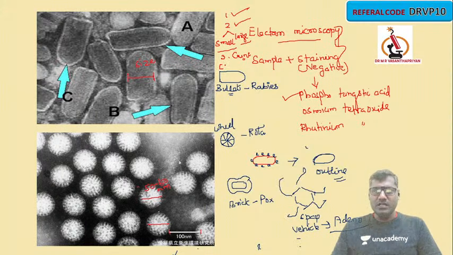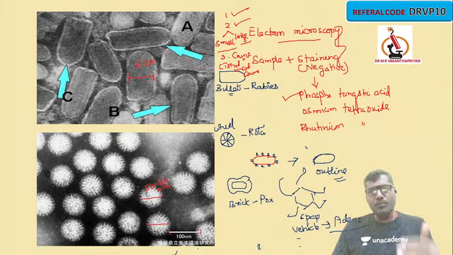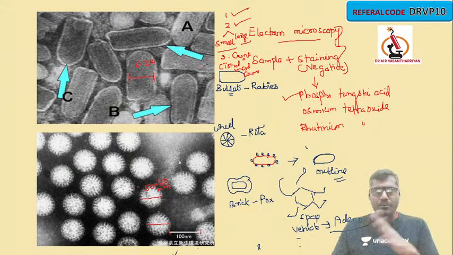That is called total viral counting. So the number of viruses in the microscopy that we count into numbers, we call the total number of viruses from the sample.